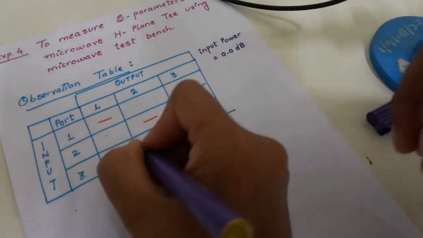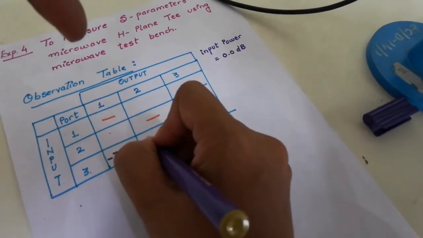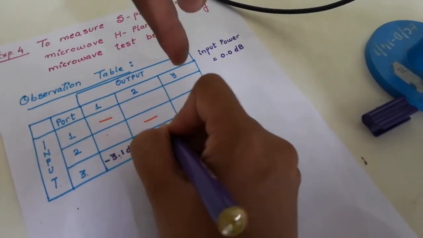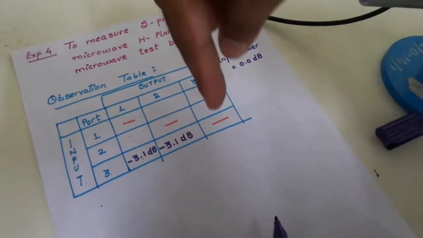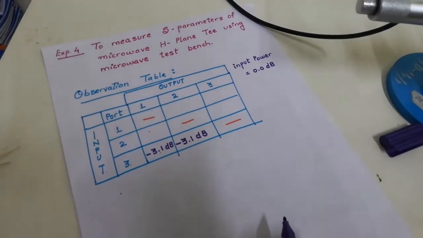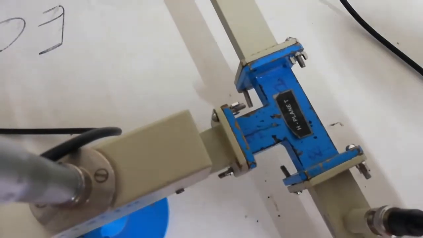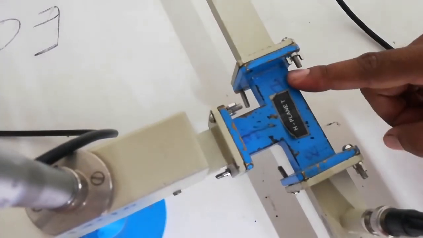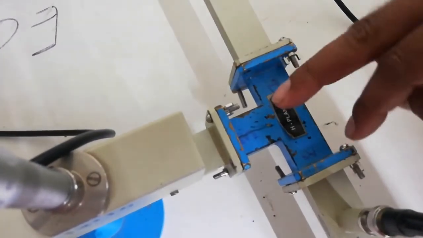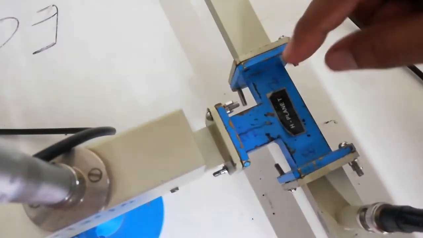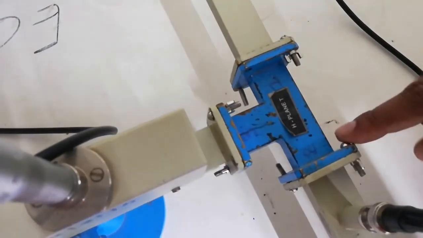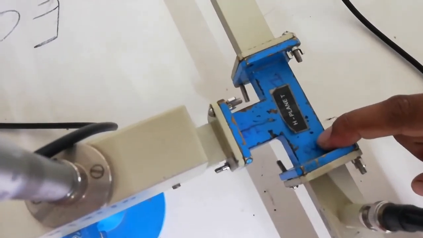When we take input as port number 3 and output port as port number 2, we are getting power minus 3.1 dB. In the next case, we will give power to port number 1 and measure power at port number 3 and port number 2.